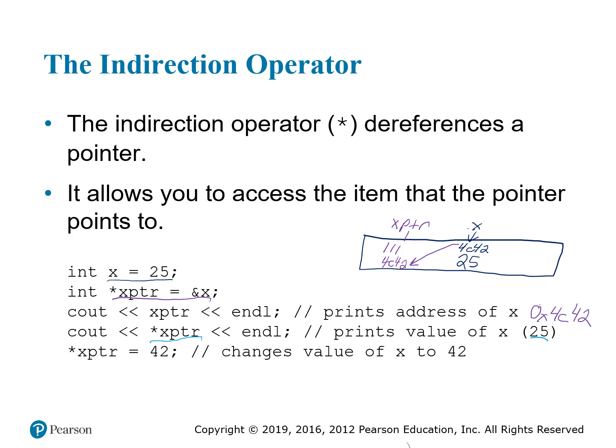And if we type star x pointer equals 42, then we're going to take x pointer, bounce off here till we get here, and we're going to change that value to 42. Okay, so that's how this star operator works. If we type x pointer, we're talking about the memory address. If we type star x pointer, we're talking about the value that it points to.